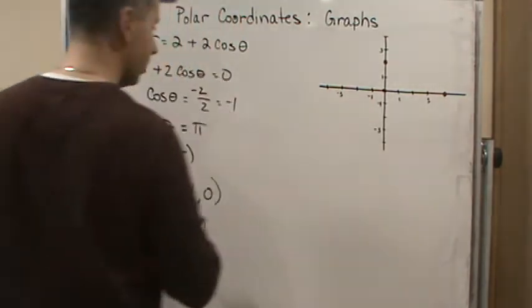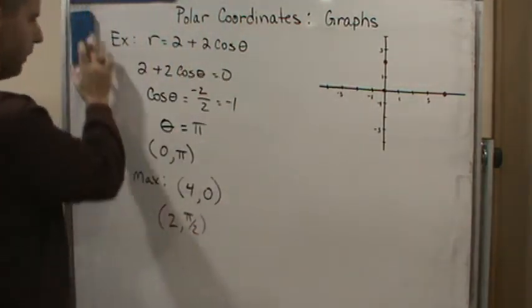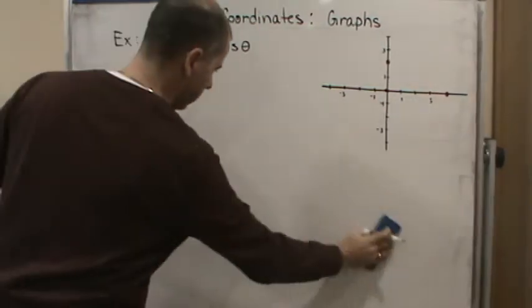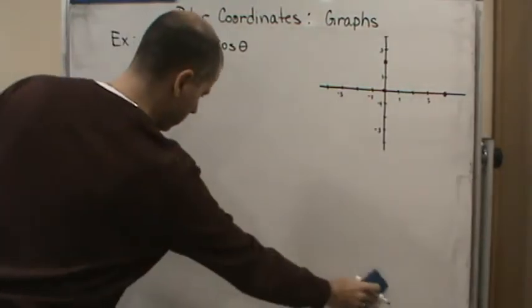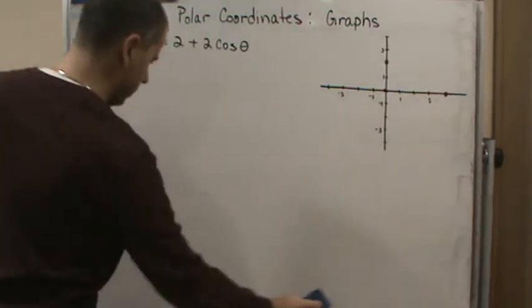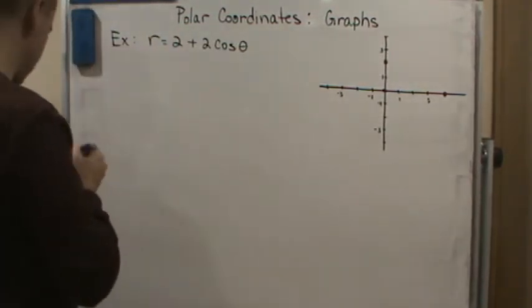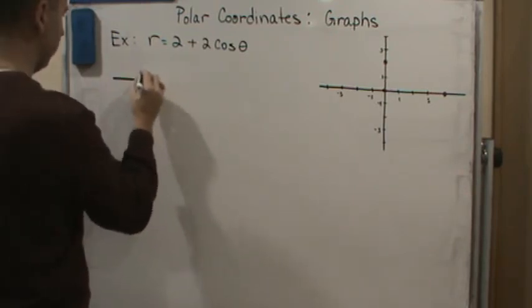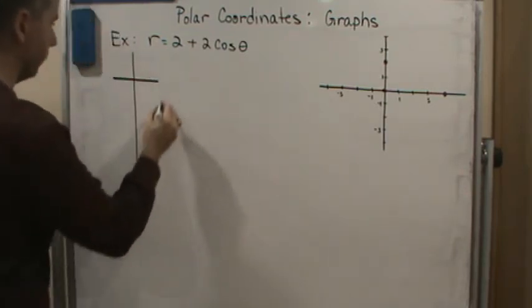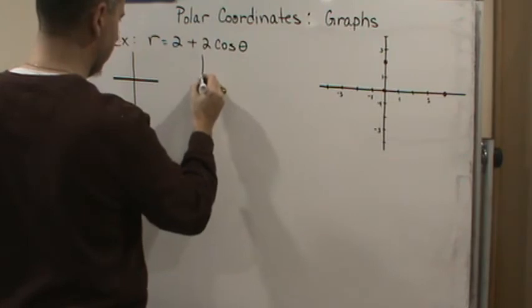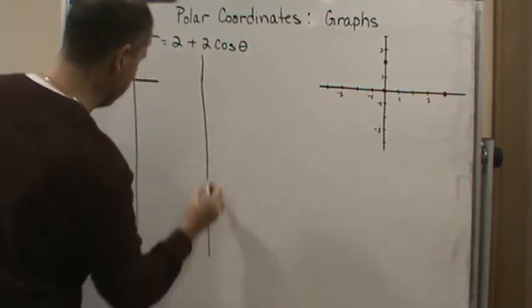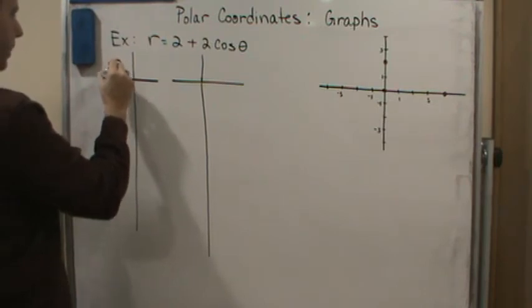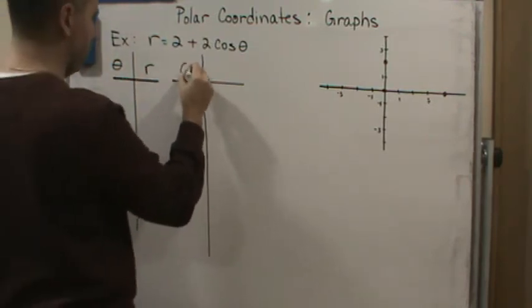Okay, so I've got those 3 points plotted, so I'm going to erase all this to give myself some more room. Okay, so now let's do the table. Okay, so we got theta, r.